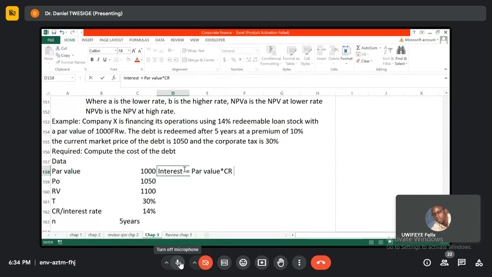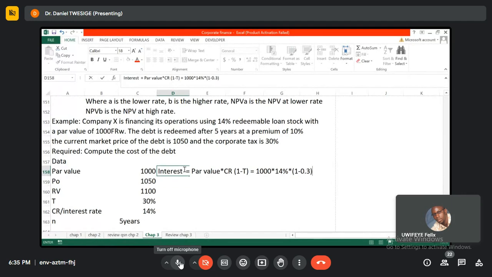Since we have tax, adjust by tax, 1 minus t. So this is 1,000 times 14% times 1 minus 0.3.